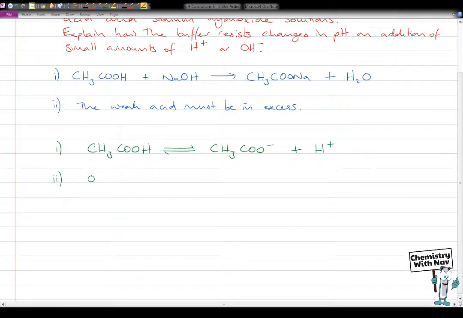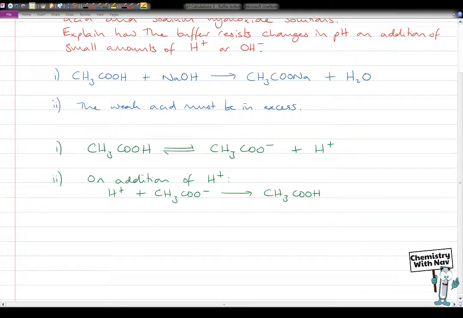The second part is to say on addition of H+, we actually get a reaction. So we don't write it as a reversible reaction. We write that the H+ combines with the conjugate base to reform the acid, CH3COOH.